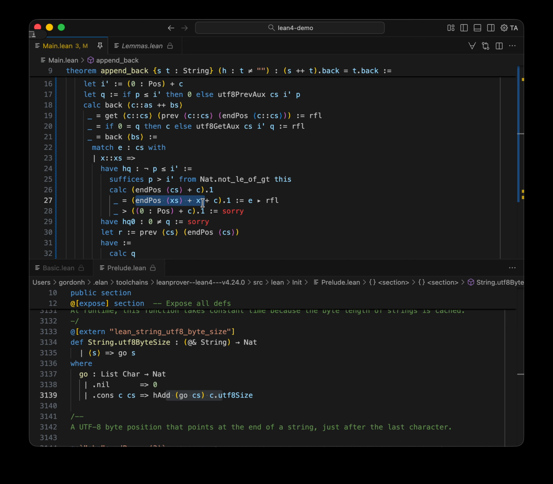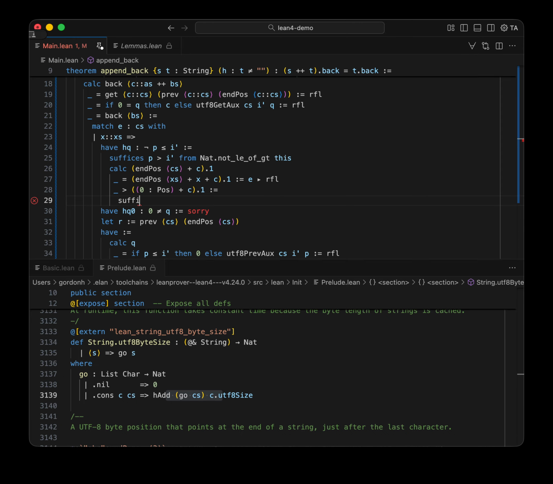All I want to show is that this is greater than 0. And then by adding the same thing to both sides of the inequality should give you the same inequality. So, suffice to prove this.